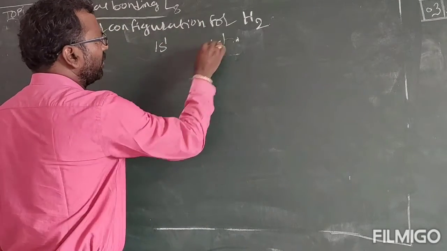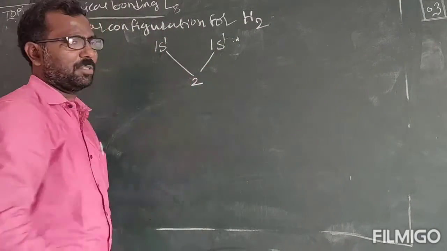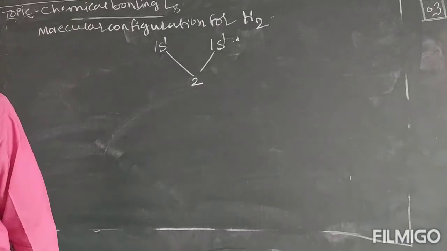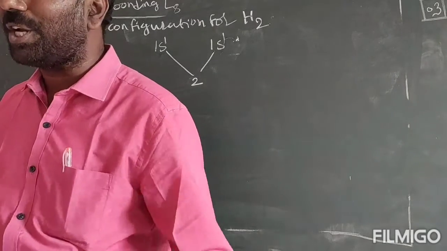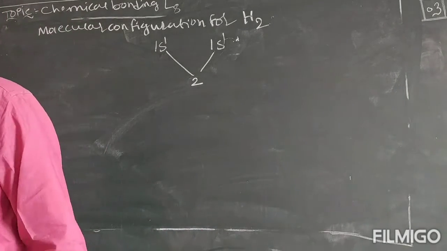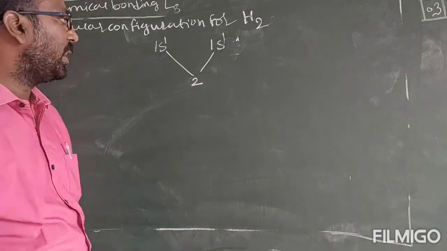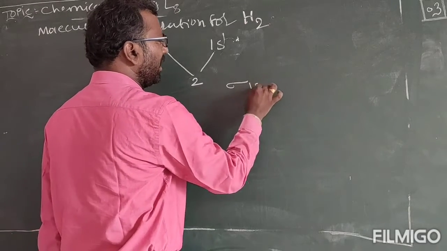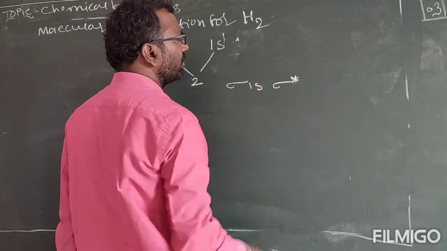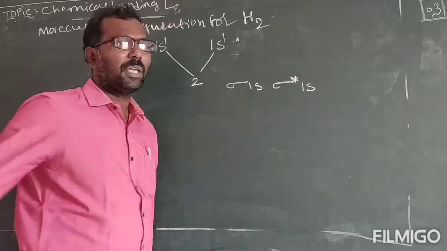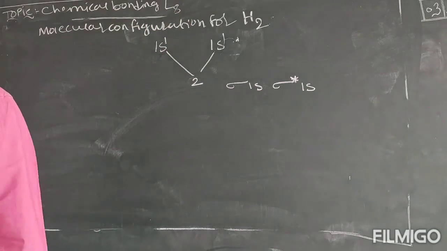So 1s1 and 1s1, totally 2 electrons are there in the bond formation, and these 2 electrons should be shared now. First there will be sigma 1s and sigma star 1s. Where will the electron go first?